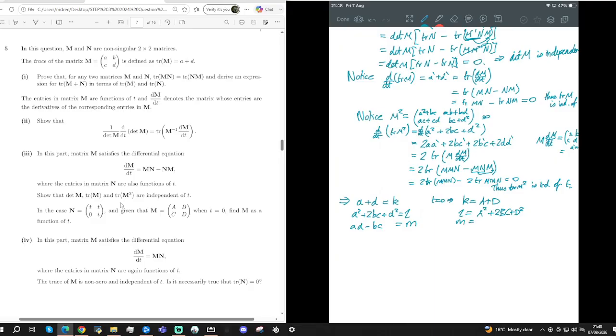But it does mean that we theoretically know each of those constants. So if I had an expression for a, then d would be k minus that a expression. So probably I only need to solve for maybe 1 or 2 of these variables.